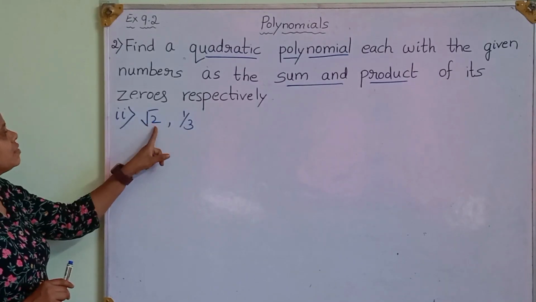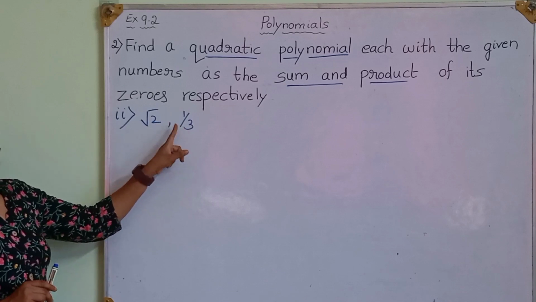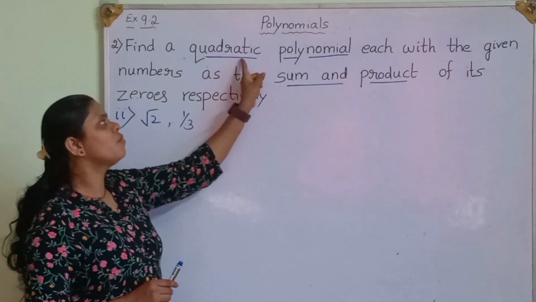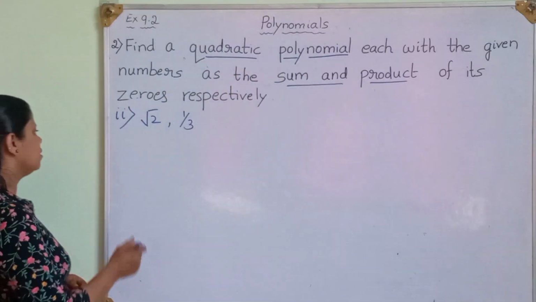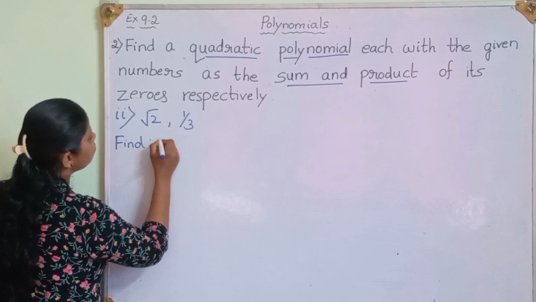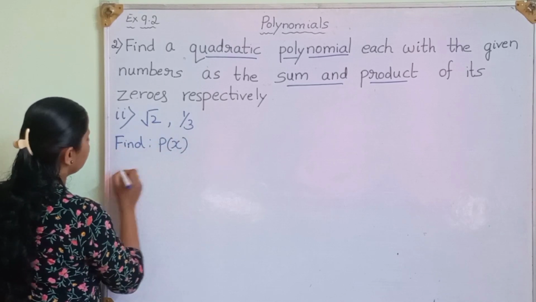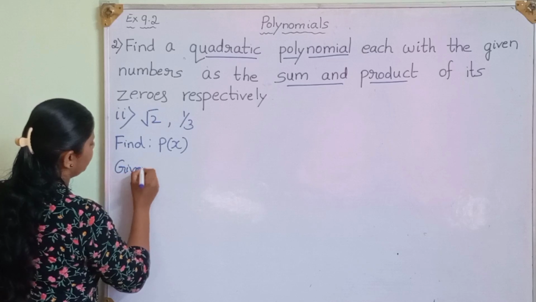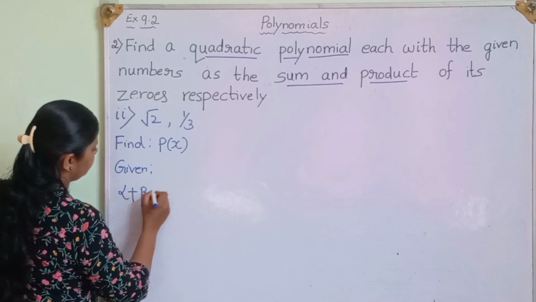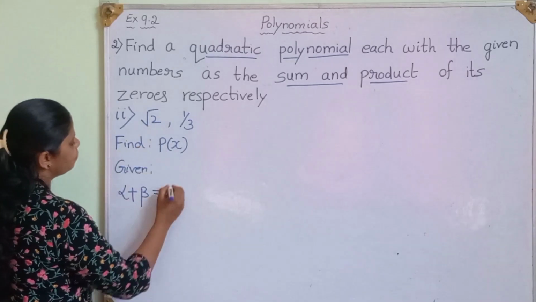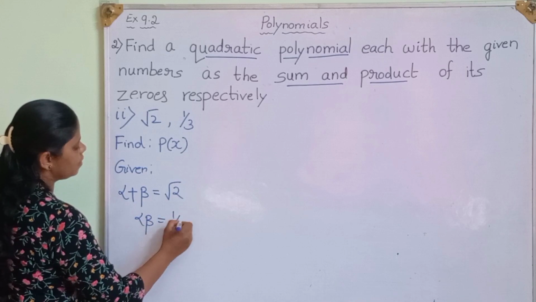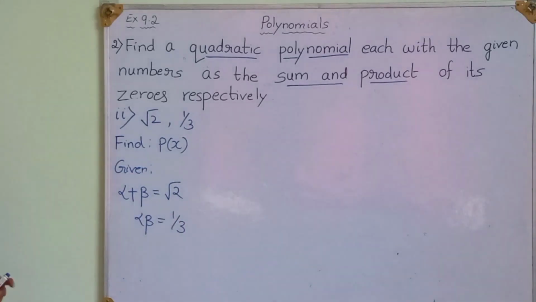We know that sum and product of the zeros of the polynomial is given and we have to find out the quadratic polynomial. That is, what we have to find? We have to find P of x. What is given? That is alpha plus beta. That is root 2 and alpha beta, that is 1 by 3. This is given in the problem.